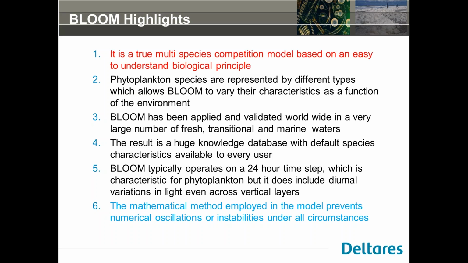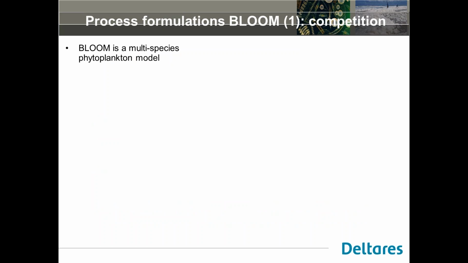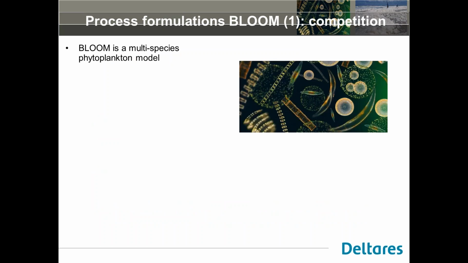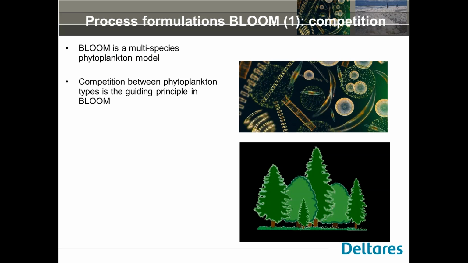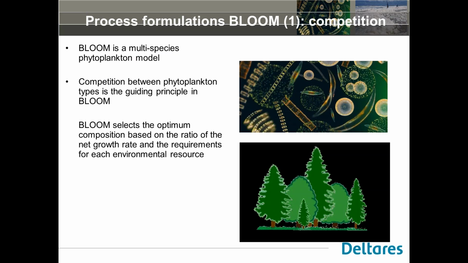So let's look more closely at the competition principle. Bloom is a multi-species phytoplankton model, and there are lots of species as shown in this picture. Competition between phytoplankton types is the guiding principle in Bloom. Bloom selects the optimum composition, and it does this based on the ratio of two characteristics.